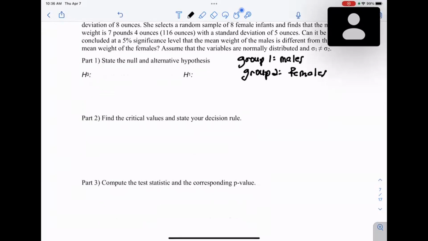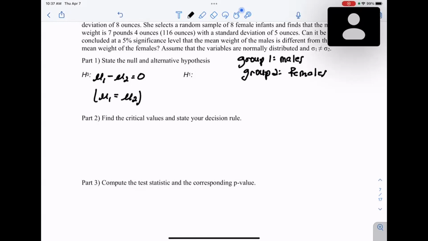Assuming the two of them are equal. So assuming the mean weight for males and females is equal. So mu1 minus mu2 equals 0. Or you can write it as mu1 equals mu2. The way I have it in your completed notes, it's mu m minus mu f. So m for male, f for female. It doesn't make a difference.